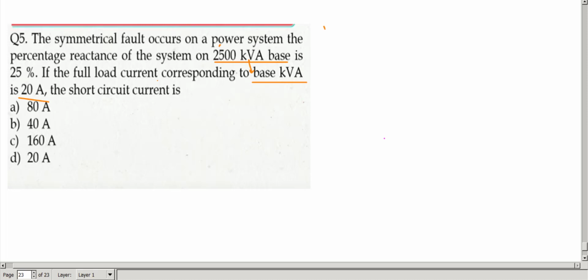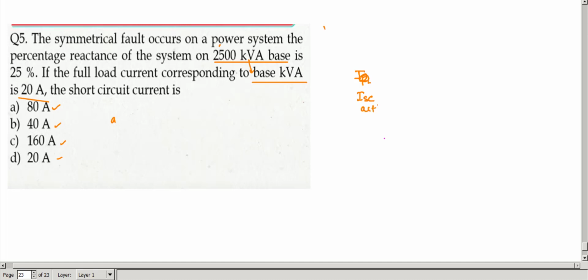So you observe here, it is in amperes. Per unit value has no units, whereas here it is an actual value. He asked for the short circuit current, the actual value.